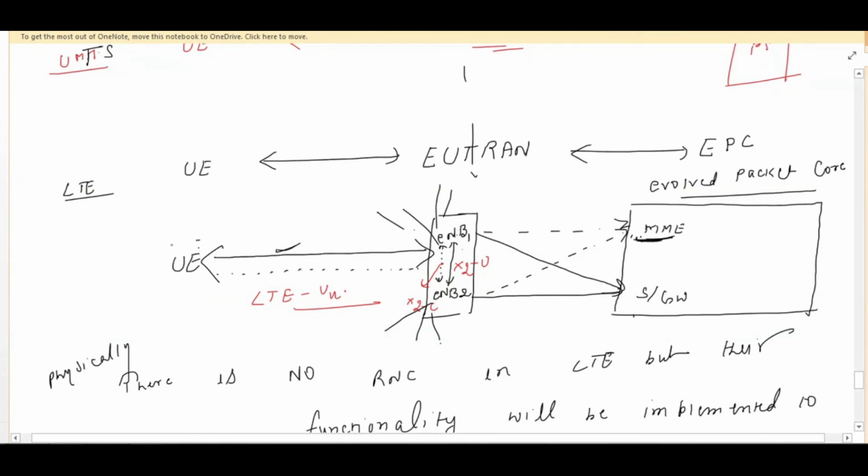So a few parts of layer 3 signaling will be controlled by the MME. We'll see those procedures when the layers start. Right now I'm just telling about the components that you use in your LTE network architecture, and then the serving gateway, which will handle your user traffic information.